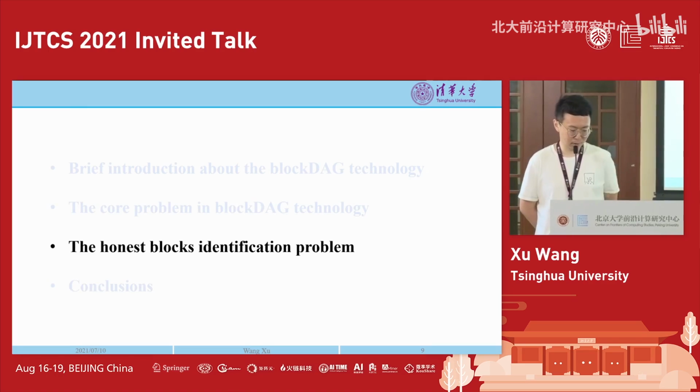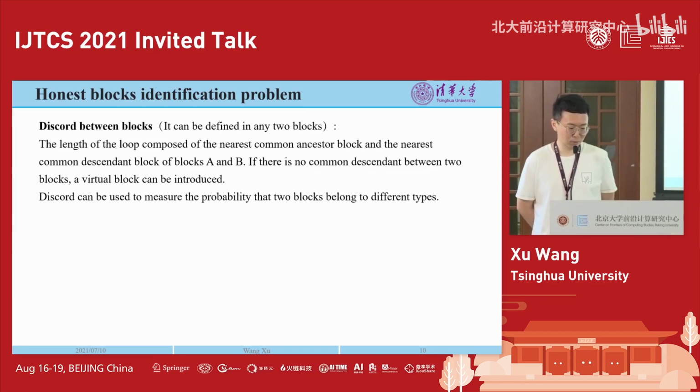Now let's talk about the honest block identification problem in detail. In order to solve the problem, we introduce a definition named discord. It can be defined for any 2 blocks. The discord between 2 blocks is defined as the length of the loop composed of the nearest common ancestor block and the nearest common descendant block.